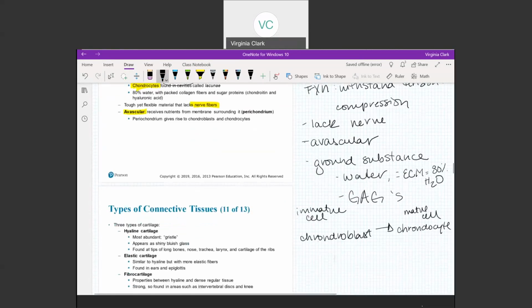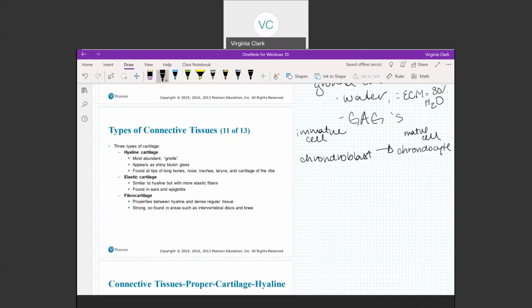There are 3 types of cartilage, and we're just going to run through these real quick. Hyaline cartilage is the first type. This can also be called gristle if you were ever to eat a steak. It is the most abundant cartilage that you have, so most of the cartilage in your body is made up of this particular type.